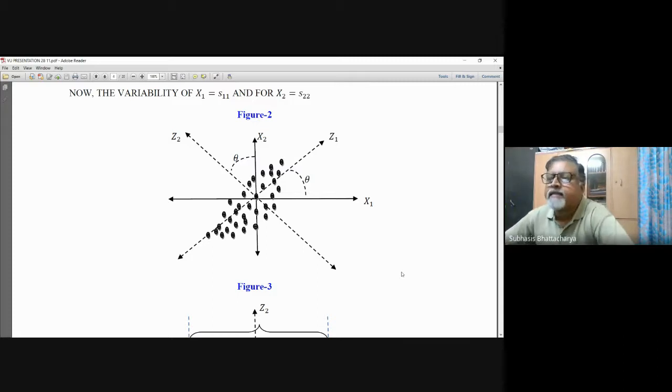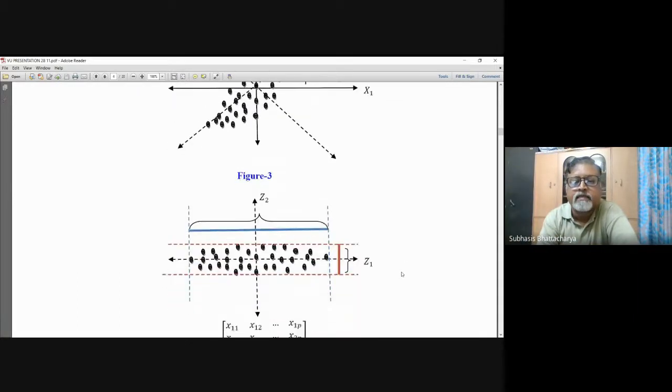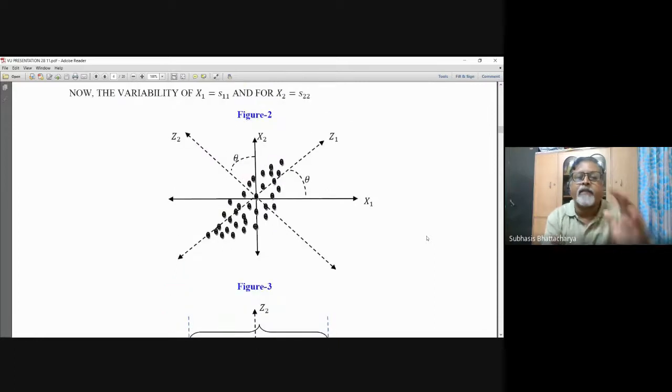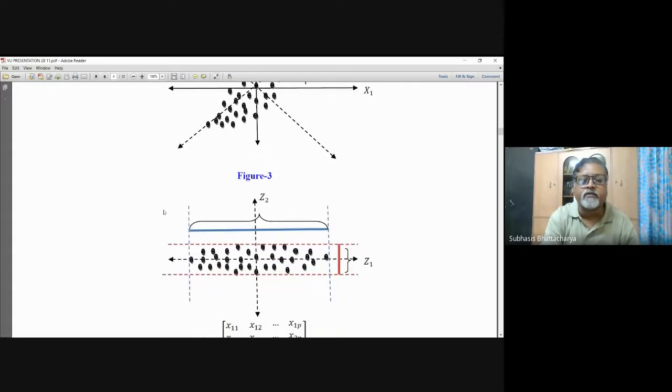So if I rotate the axis and again place Z1, Z2 similar to the before figure, the figure looks like this. Just look at this figure. If I put the Z1, what does that mean? That means I just rotate the page by this theta angle, the x1 axis moving to Z1 and the x2 axis moving to Z2. Then after drawing Z1, Z2, I turn the page in such a way that Z1 and Z2 are placed like this.